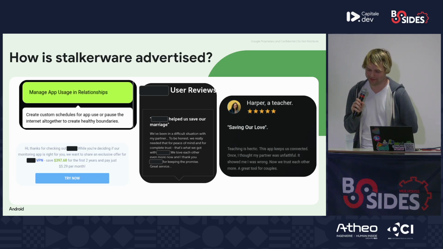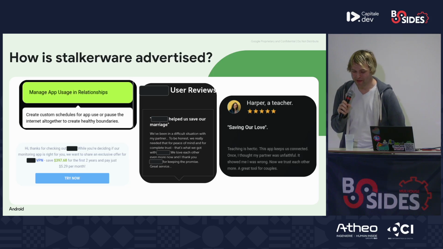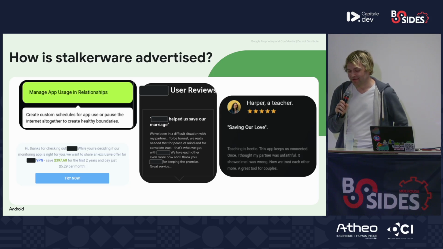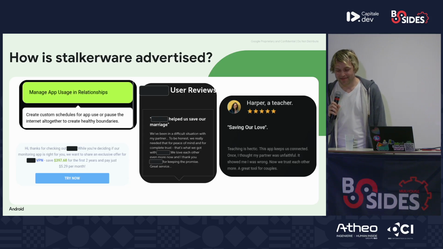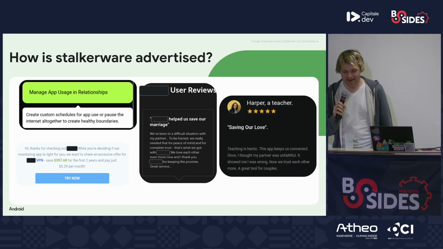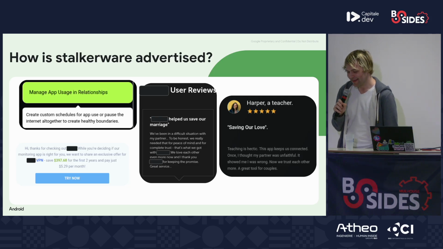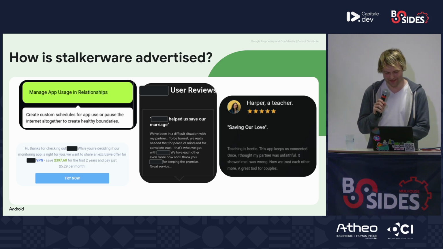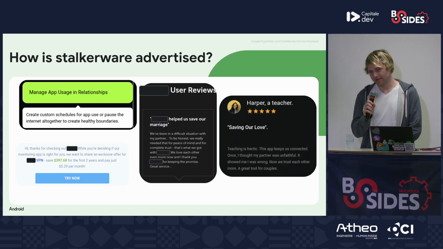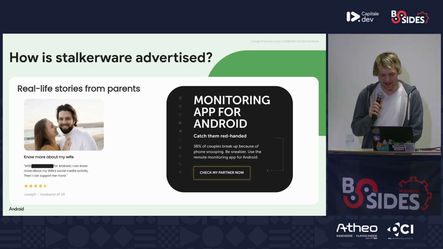It's really nice of them to have that database. One of the emails was, "Hi, thanks for checking out our Stalkerware. While you're deciding if our monitoring app is right for you, we want to share an exclusive offer for a VPN." And this is one of the top VPN companies. It's not their VPN, but you can get a discount code if you install a monitoring app for the VPN.